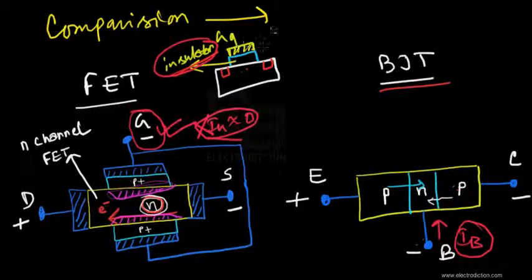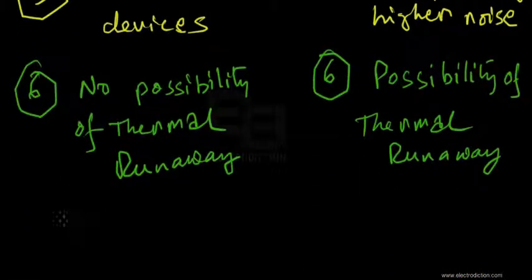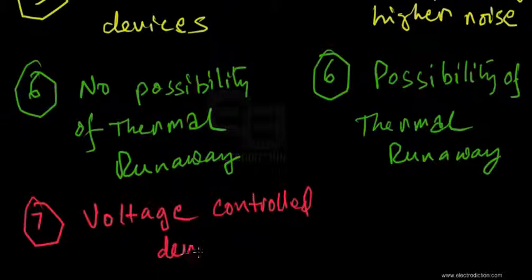So again there would be no gate current at all. Since there is no gate current, the voltage on the gate terminal, as well as on the MOSFETs, controls the amount of current flowing through the channel. So the FETs are termed voltage controlled devices.